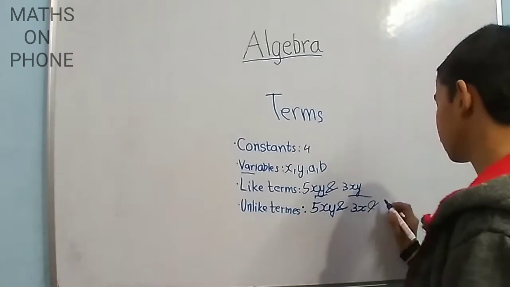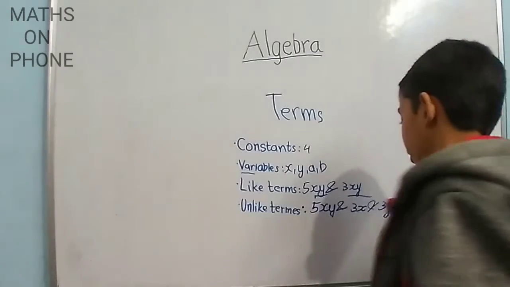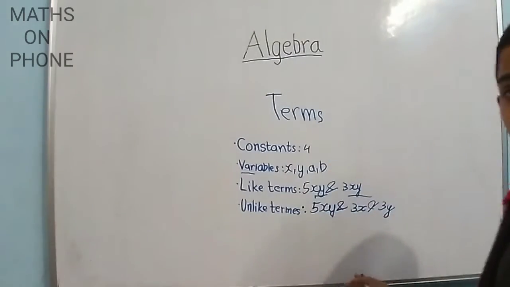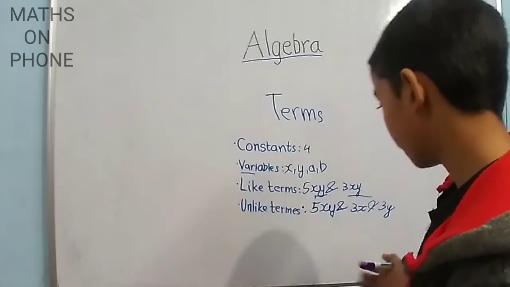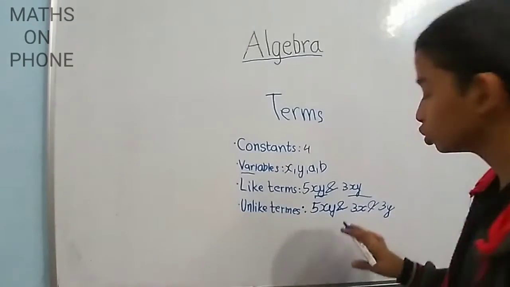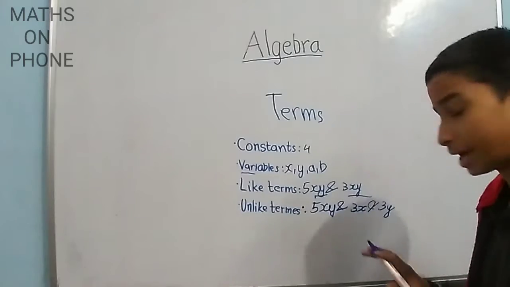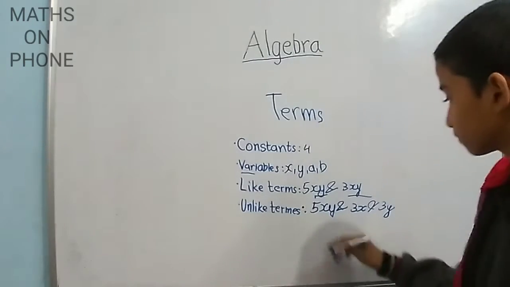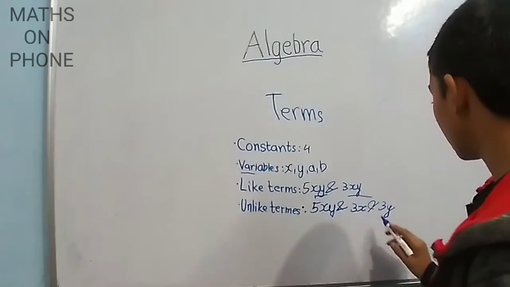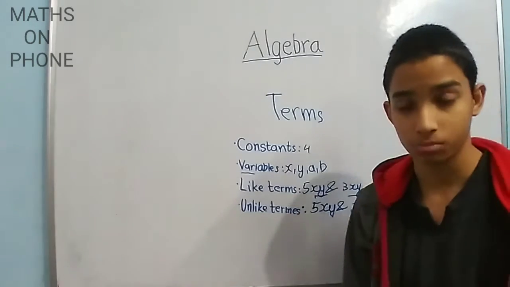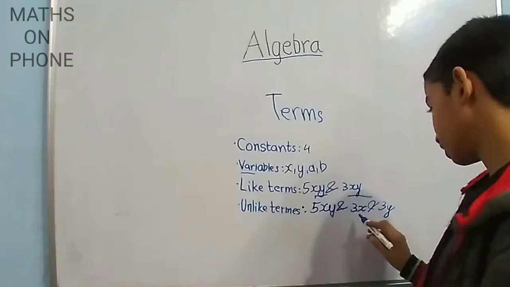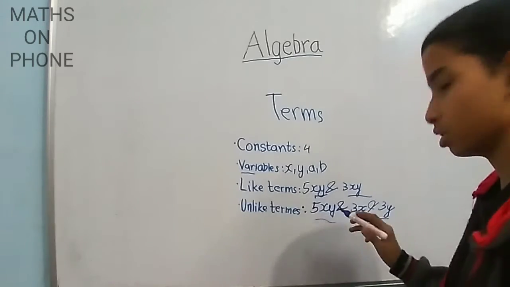Even if we write 3y beside 3x, that won't be counted as a like term, because these are different terms, but x and y should be in a single term. That's why we are calling these also unlike terms.